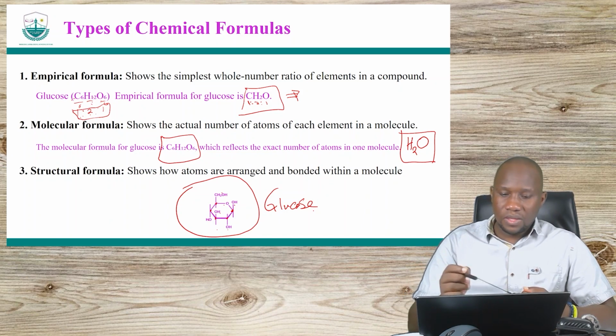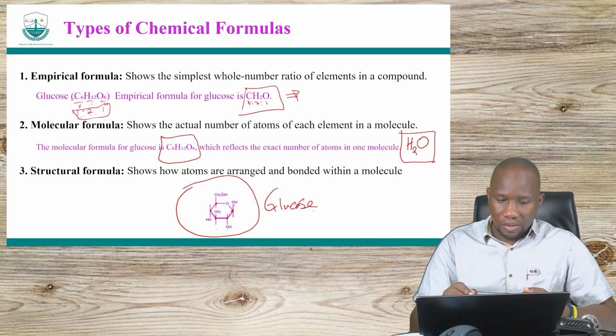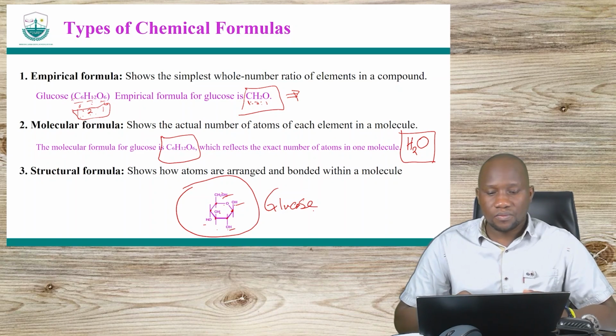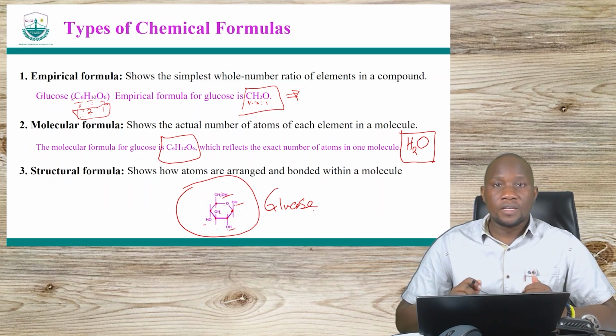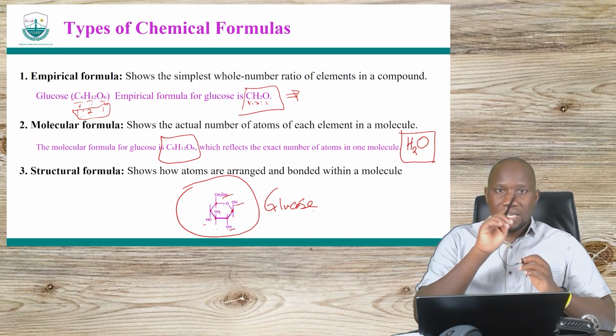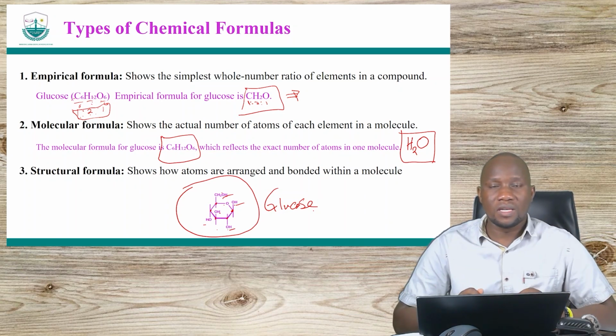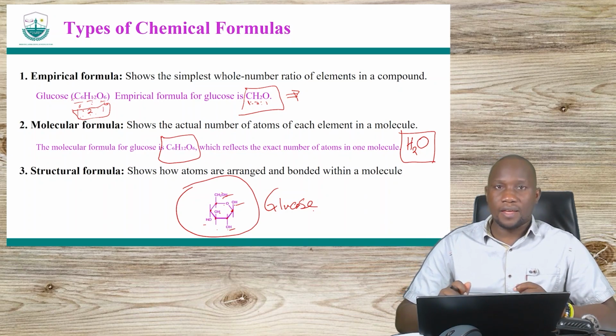Okay. Let's see. You have 3 here. You have 4. Of course, you have others that you can't really see. You have another here. You have another here. You have another here. Okay. So the structural formula gives us how the different atoms are bonded to one another in a particular molecule.